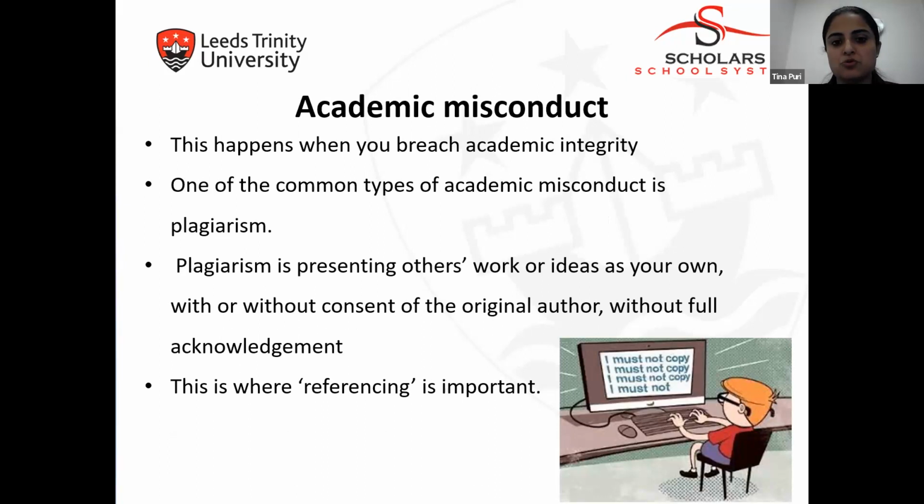If you are copying anybody else's work without giving reference to that person, then that will be considered plagiarized work. So it is very important to give reference to the original author of that work and to acknowledge that author. If you do not do it, then it will be considered academic misconduct.